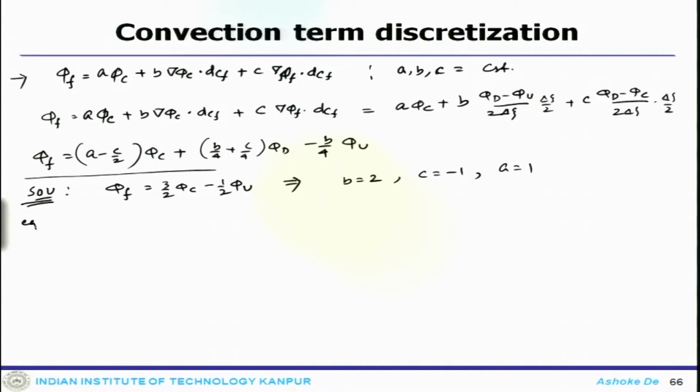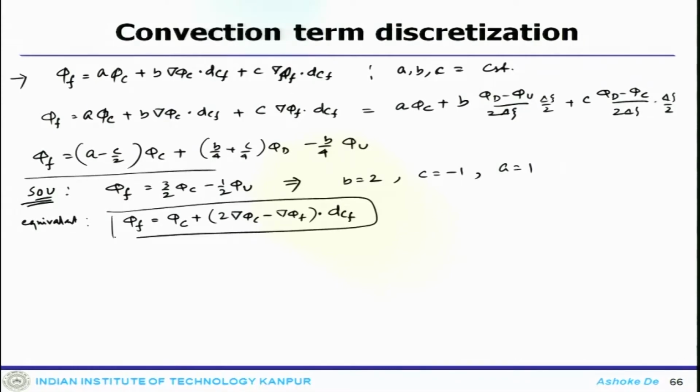So the equivalent form of the SOU scheme is phi f equals phi c plus 2 delta phi c minus delta phi f dot dCF. That is an equivalent system for the second order upwind scheme.